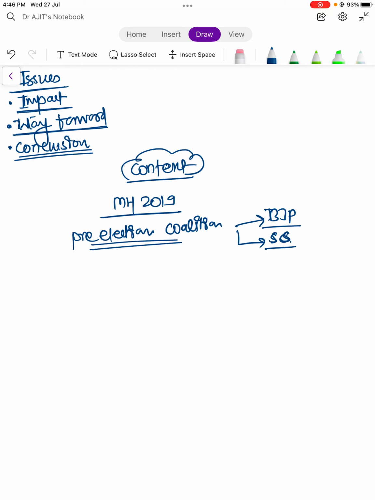After this, BJP won 105 seats, Shiv Sena won 56 seats. Then the Nationalist Congress Party, led by Sharad Pawar, won 54 seats. The Indian National Congress won 44 seats.